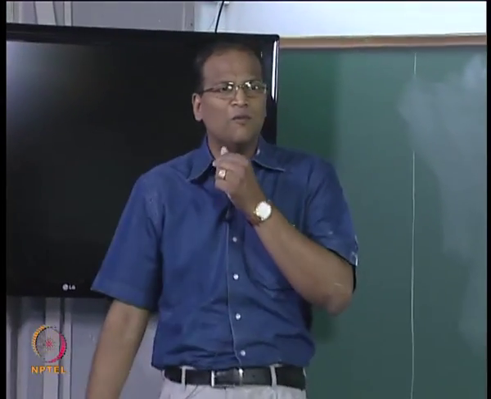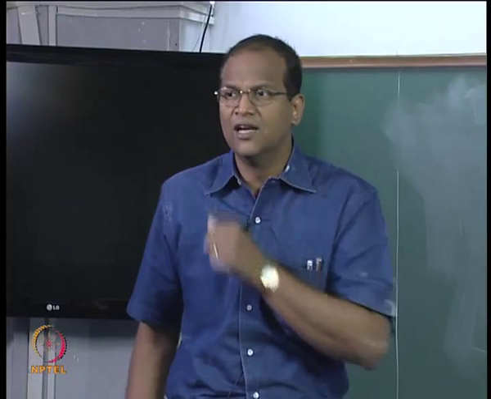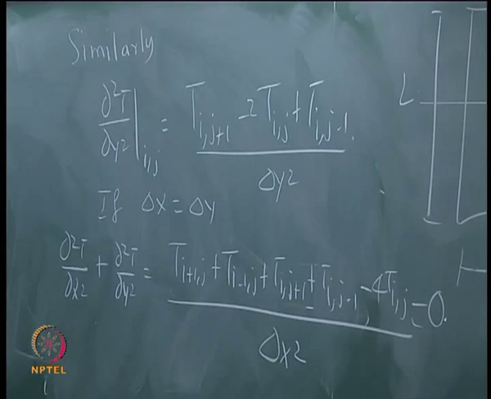Why are we doing all this? We want to get an expression for Tij in terms of its neighbors. What is the fun in doing this?